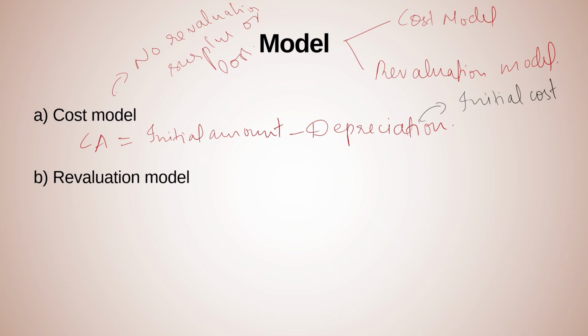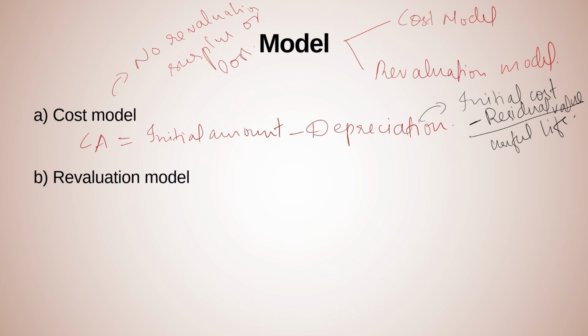So after including everything, you will get the initial cost, then minus residual value divided by useful life. So this is the formula for depreciation: initial cost minus residual value divided by useful life. Then you will get depreciation. Then reduce the depreciation from the initial amount, and you will get the carrying amount of the asset.